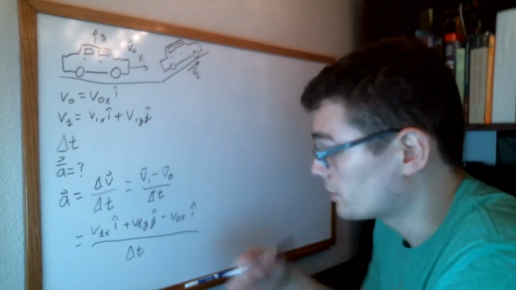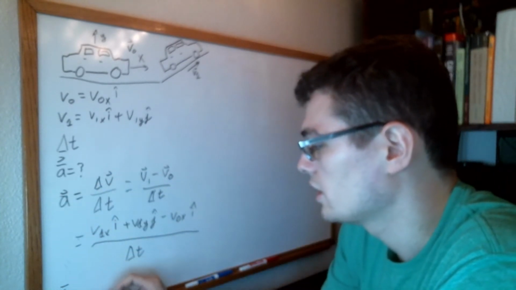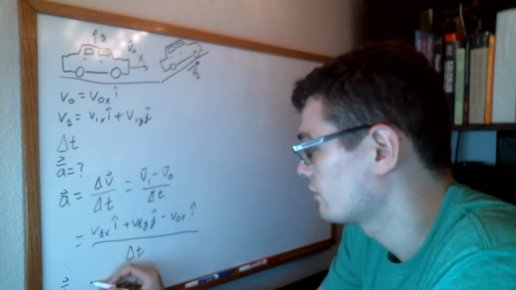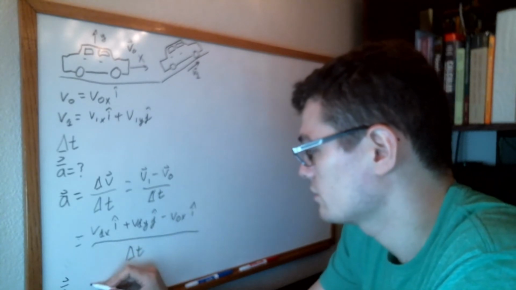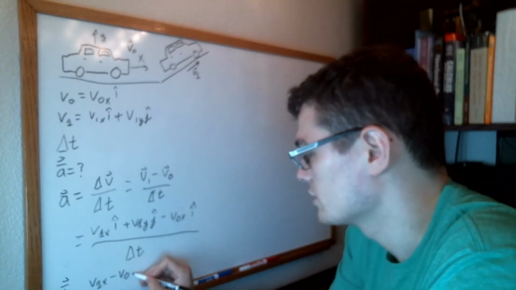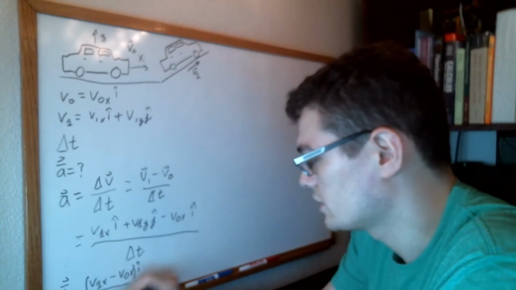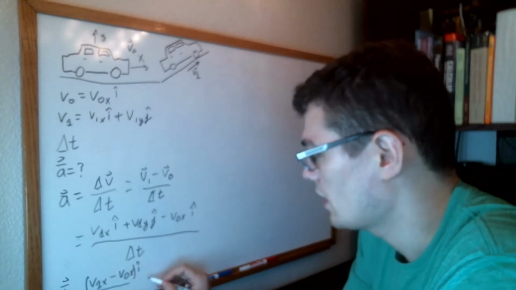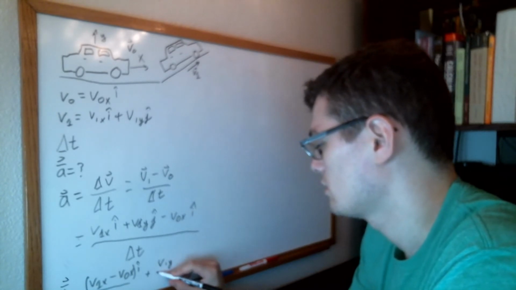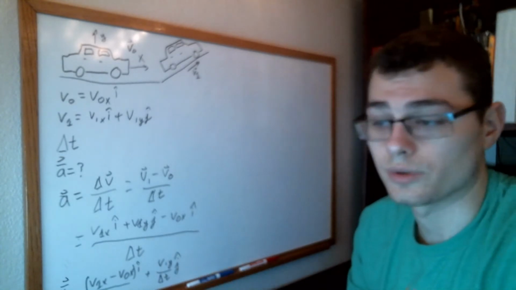So a bar vector is equal to v1x minus v0x over delta t i hat, plus v1y over delta t j hat. And that's really all we have to do here.